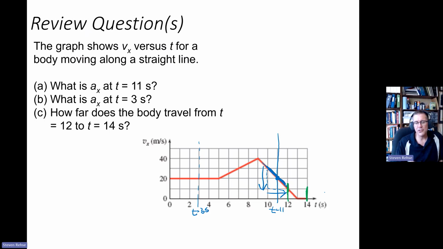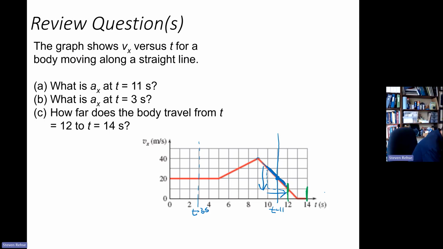We know that the acceleration is defined to be v final minus v initial over t final minus t initial. So this equals your slope, and this equals rise over run. To do this, you actually have to pick out 2 points. Any 2 points along that branch that go down, I can use.